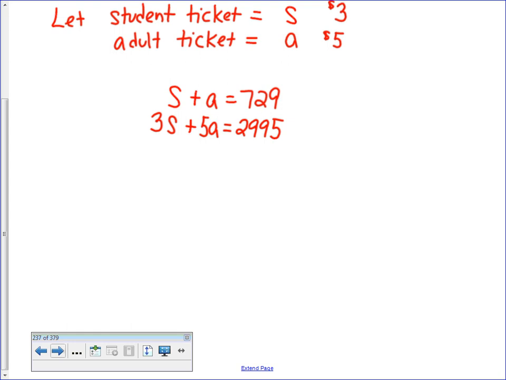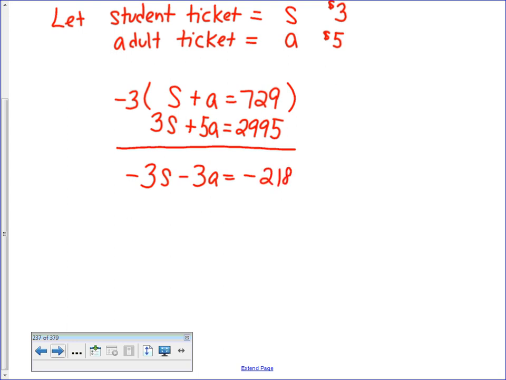Now, when I look at it, the numbers are not terribly large, so I think I will solve this one using elimination. And what I decided to do is multiply the top one by -3 to eliminate the s's. So when I rewrite this, I'm distributing the -3. I have -3s minus 3a equals -2,187.